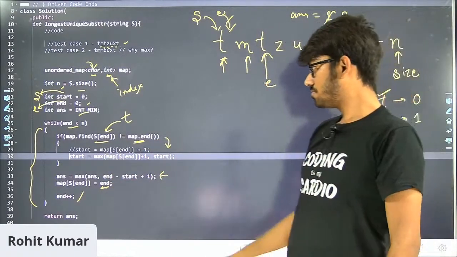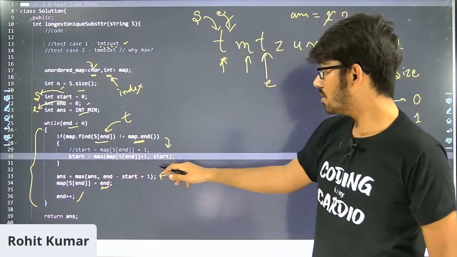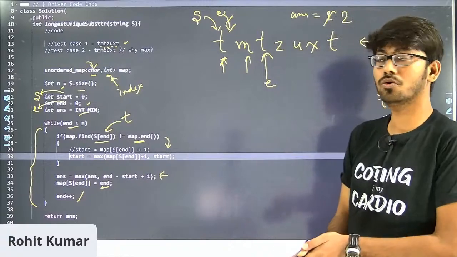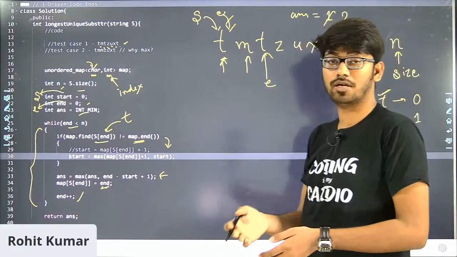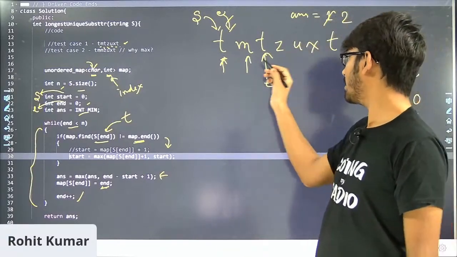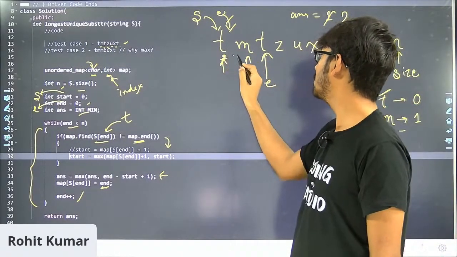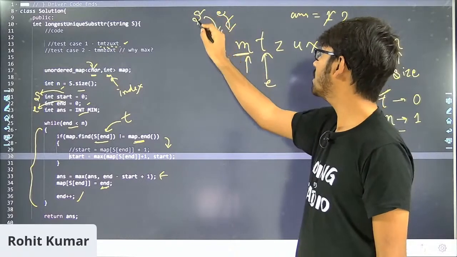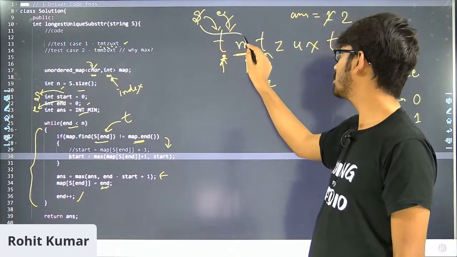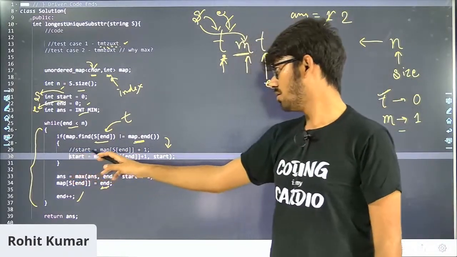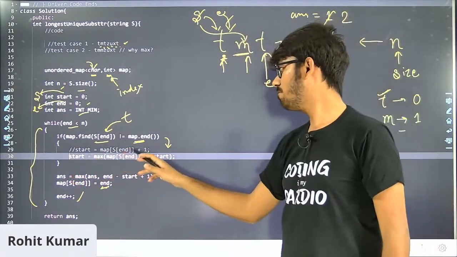Let's forget line number 30 for the time being and focus on a more intuitive approach. What could be my intuitive approach? As I explained a few moments ago, I can shift my sliding window from this t to this m. I can make start point to this place, and that's what I can do with line 21, map[s[end]] plus one.